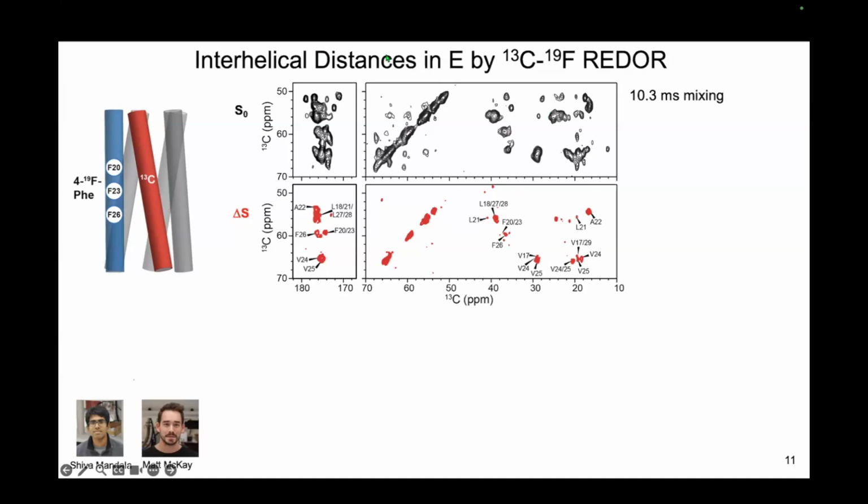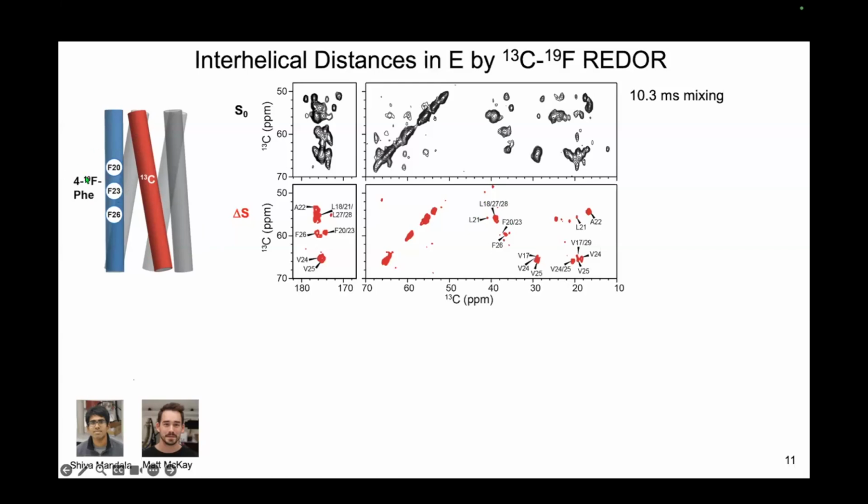We do so in a two-dimensional experiment, correlating carbon-carbon chemical shifts so we can resolve the peaks. Then we turn on fluorine pulses to cause dipolar dephasing to the nearby carbon spins. By subtracting two spectra, we obtain the delta S difference spectrum that indicates all the carbon spins in the neighboring helix which are adjacent to the fluorinated residues.